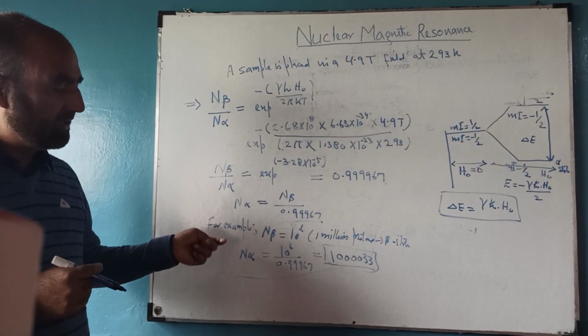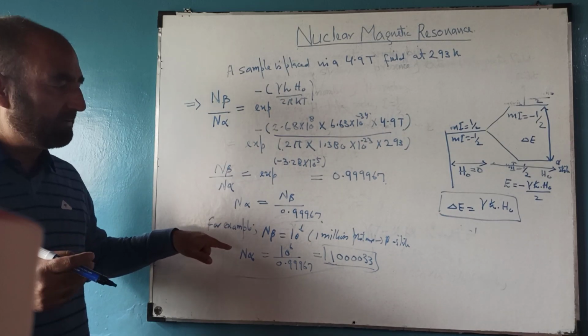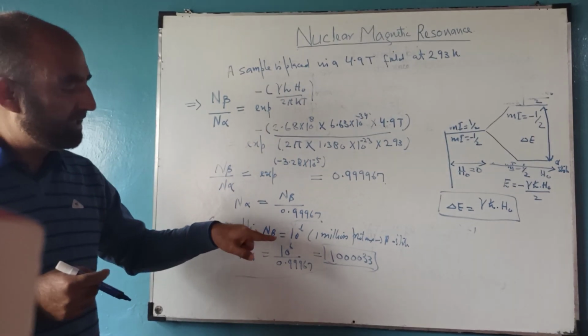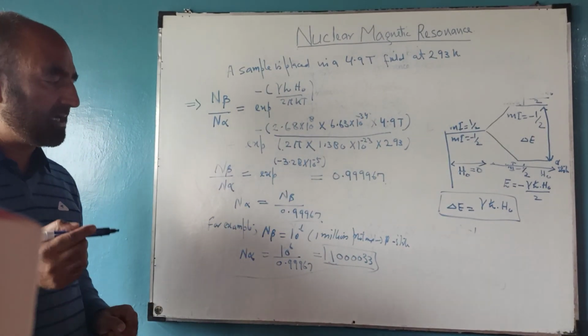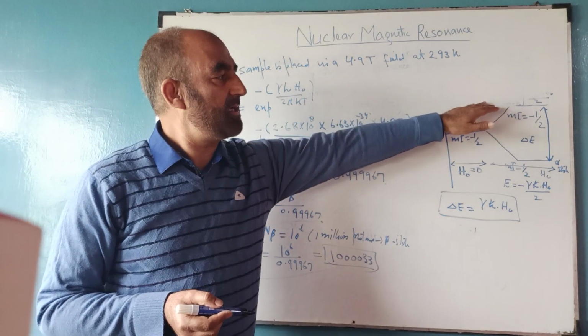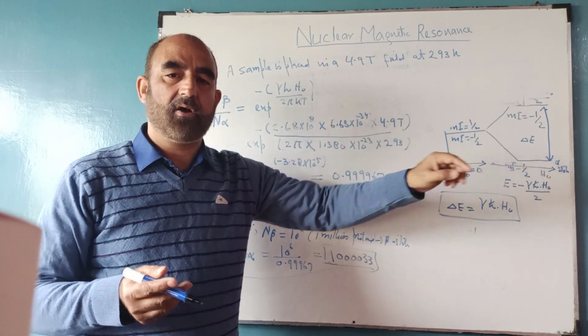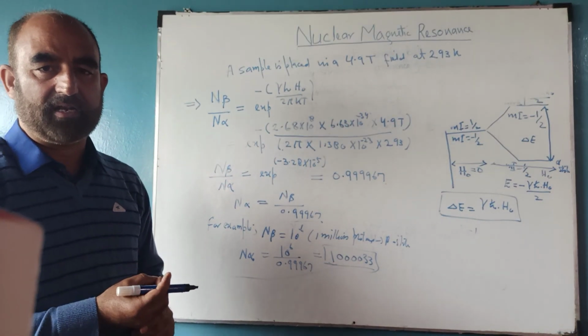Then in the ground state, what will be the number of protons? The number of protons in the ground state will be 1 million plus 33. That means if the excited state has 1 million protons, the ground state has only 33 protons in addition to that 1 million.